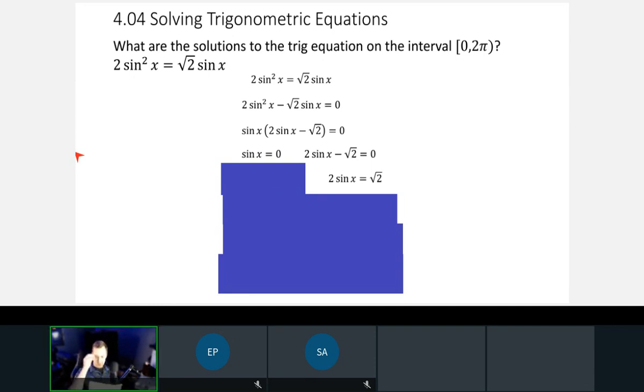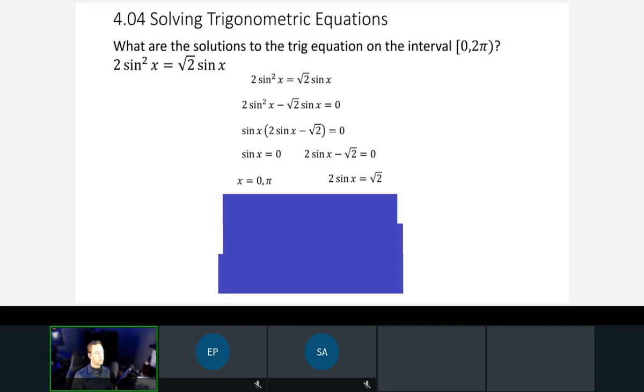Well, your y value is equal to 0 in 2 places: at angle 0 radians, and also at pi radians. So there's those 2 answers. And if you type in arc sine of 0, hit enter, you will get one of those answers, which would be 0, right? But it wouldn't give you pi. So don't use your calculator.